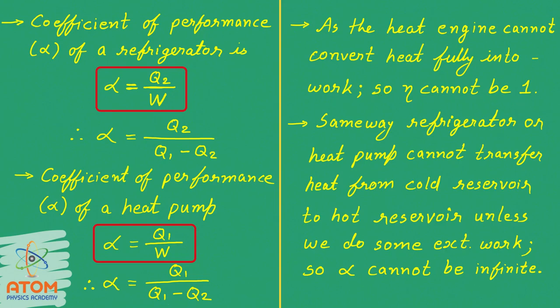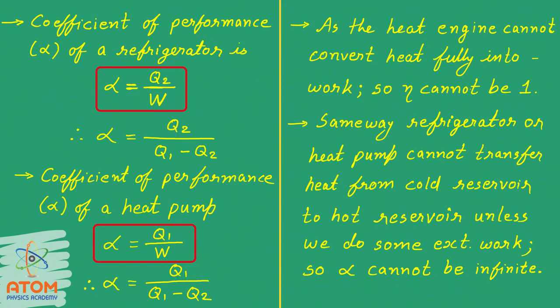We know that a heat engine cannot have 100% efficiency. That means it cannot convert all the heat into work. That you know already. The same way, a refrigerator or heat pump cannot transfer heat from the cold reservoir to the hot reservoir unless we do some external work. So alpha cannot be infinite.